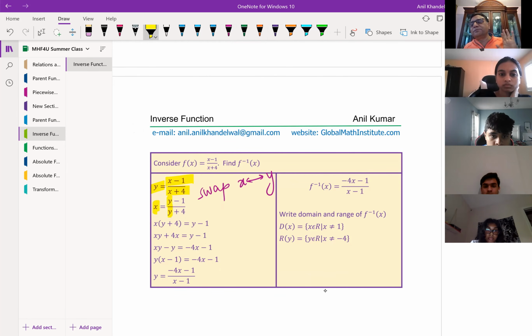Is this step clear to you? Swap x and y. Then cross multiply. So when you cross multiply, you get x times y plus 4 equals y minus 1. Now bring the terms together, combine the common terms, right? So first you open the distributive property, multiply with each, and you get that. And then you bring the y's together, correct? So distributive property.